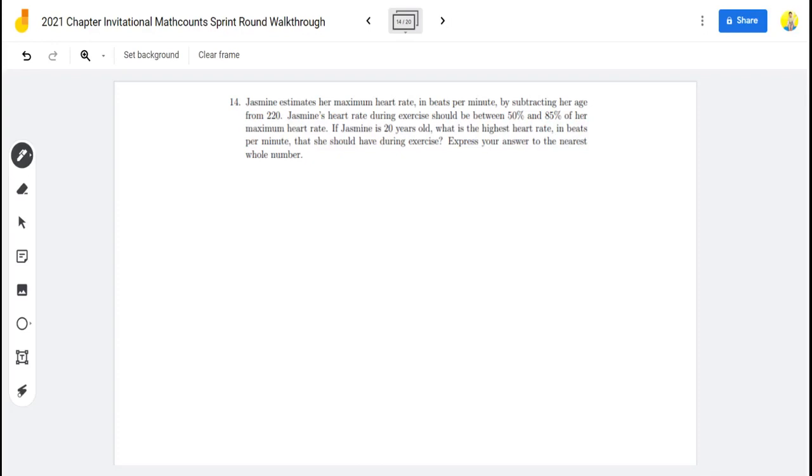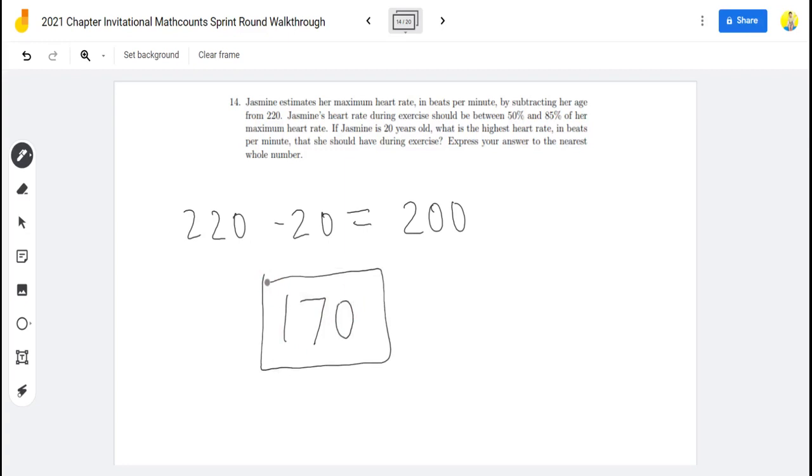Since she's 20 years old, we subtract 20 from 220, and this is equal to 200. And then we take the highest heart rate that she should have during exercise, which is 85% of 200, and that is just equal to 170. And that is the nearest whole number. So the final answer is just 170.